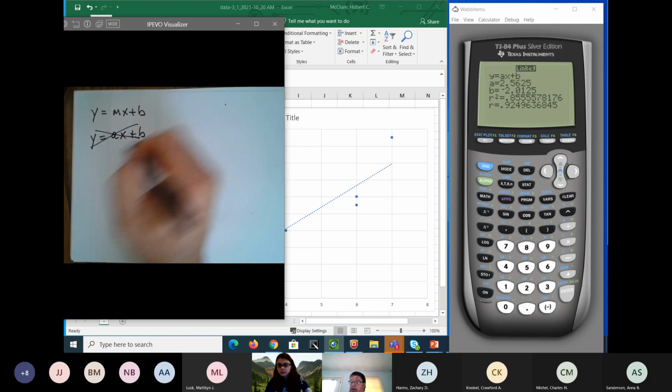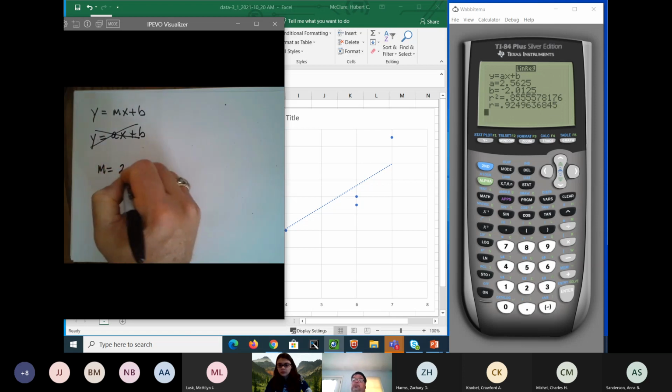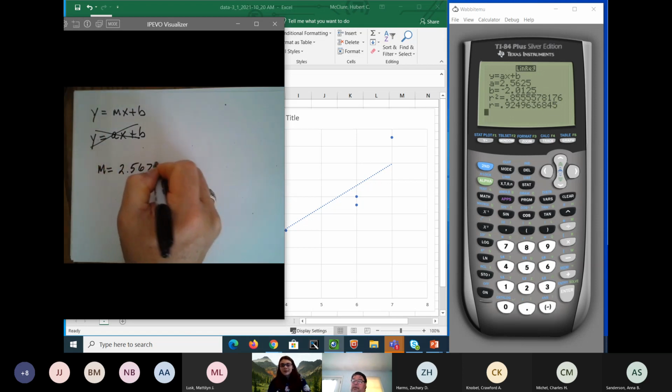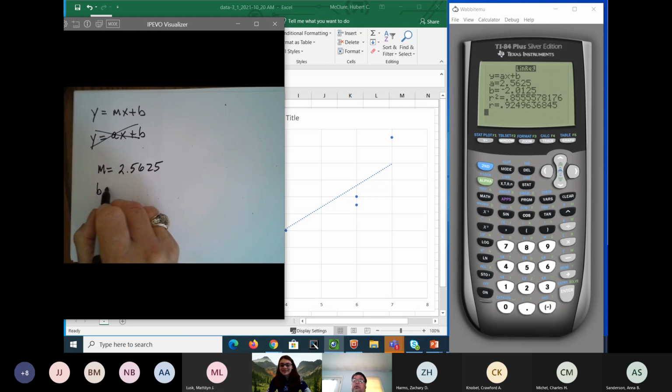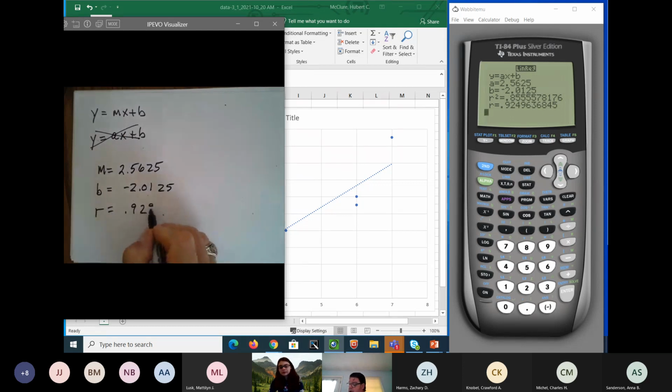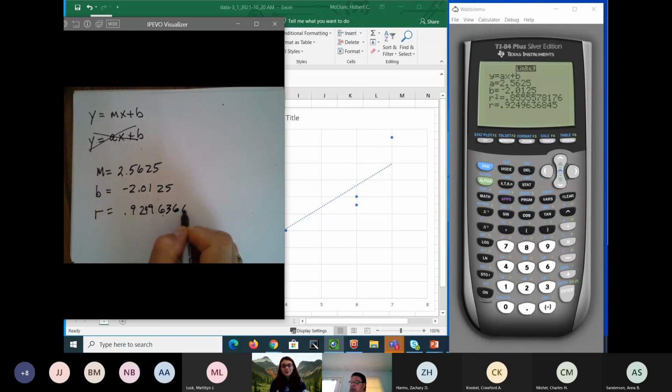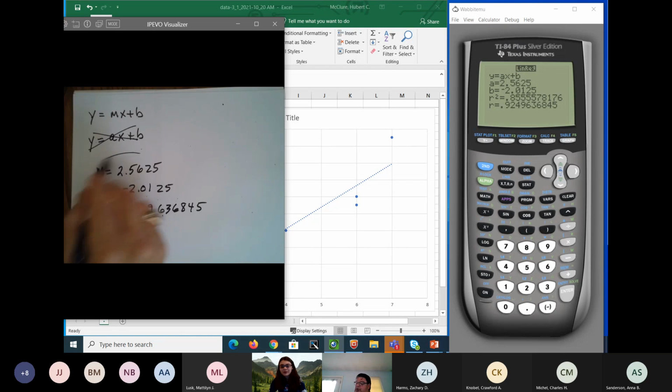And in this case, m is equal to 2.5625, and b is equal to negative 2.0125, and r is equal to 0.9249636845. And those are the 3 numbers you need.